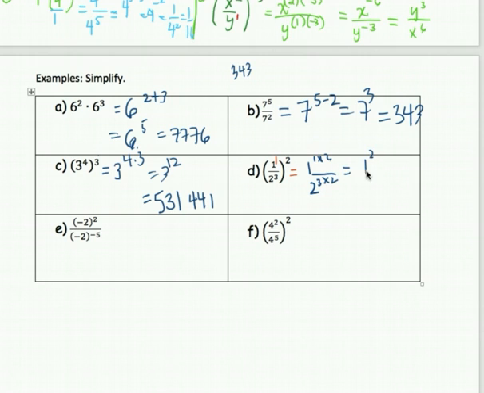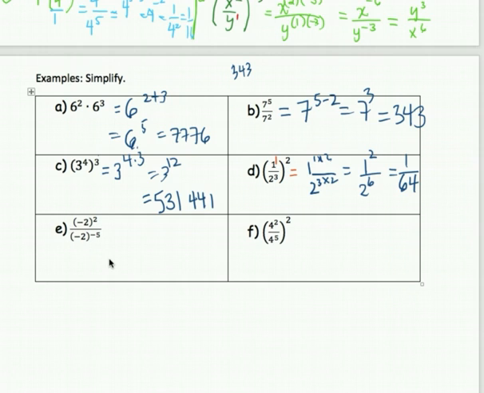Okay, so then 1 to the 2, 2 to the 6. So for now, we're just calculating that out and get 1 to the 64, and you can just leave it like that. Okay, so let's move on to the last two here, and then we're done.